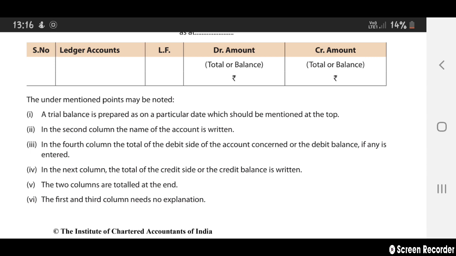In the ledger account, you write the account to which you are sending money or from which you are getting money, such as bank account, sales account, purchase account, and the many other accounts you learnt about in your first chapter. So to which account you have given money or from which account you have received it, you write there in the ledger account.